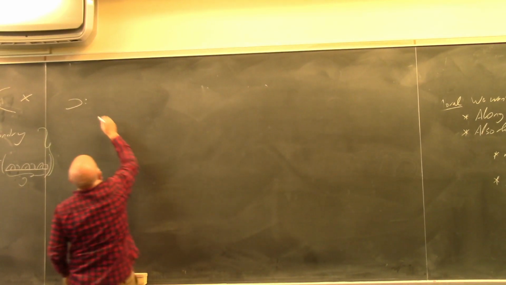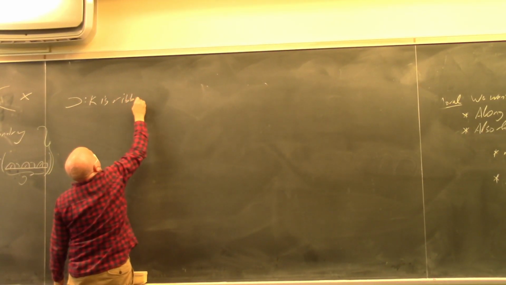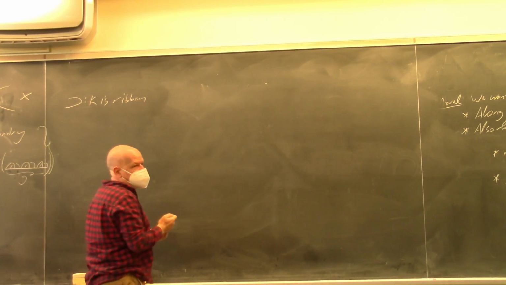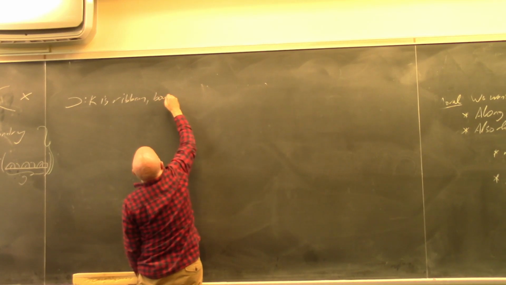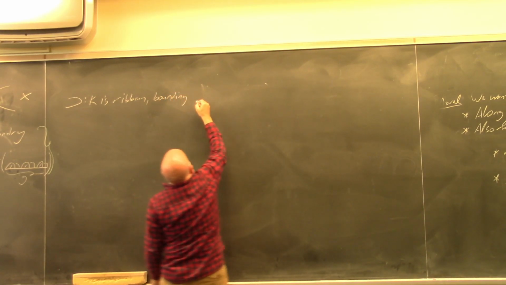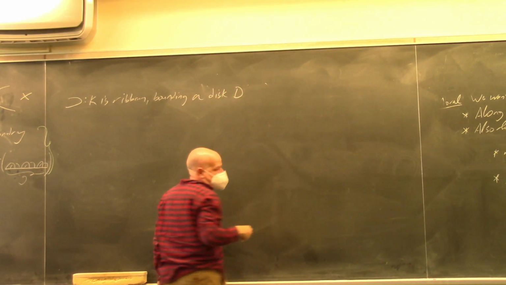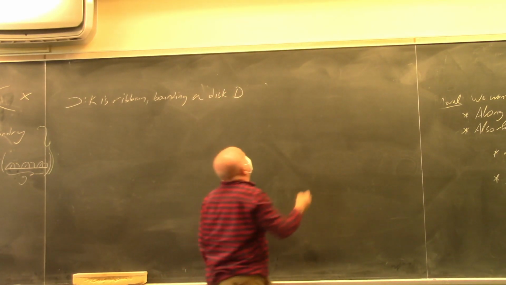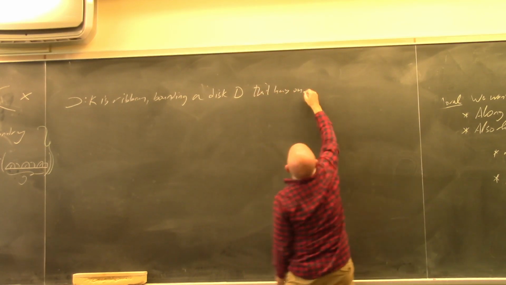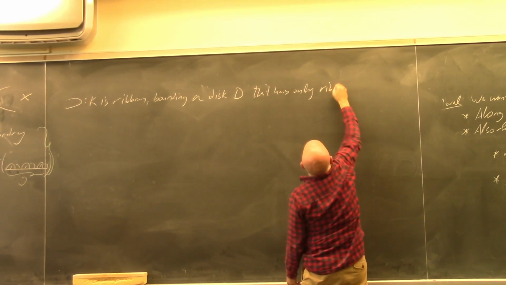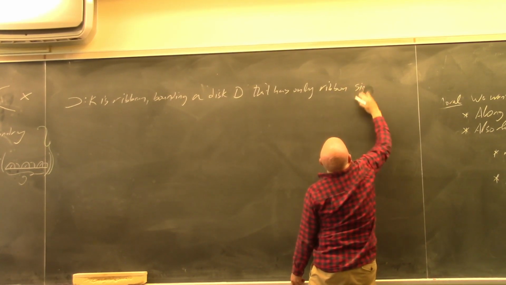Suppose K is ribbon, and suppose it bounds a disk D that has only ribbon singularities.